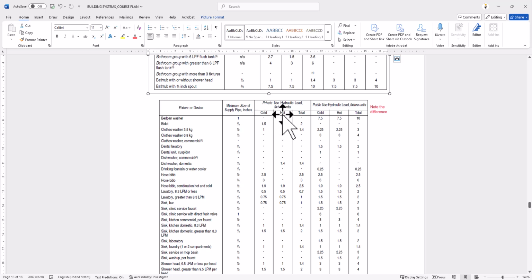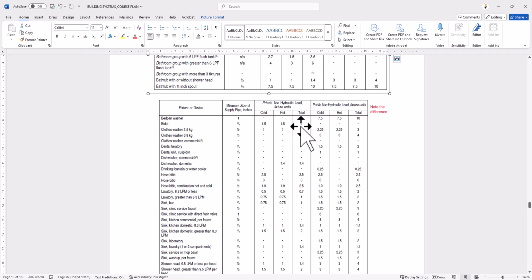The next is we have cold, hot, and total. Cold water basically means that if there's cold water being supplied to the fixture, how much is that fixture unit amount? Again, if the hot water is also being supplied, how much is that? And then is there a combined amount?